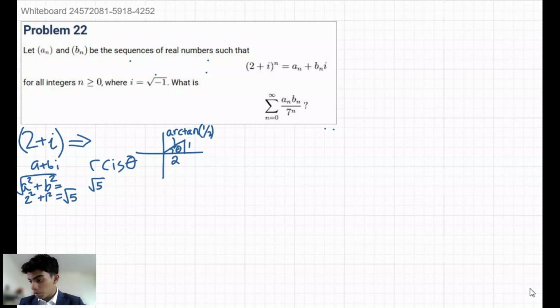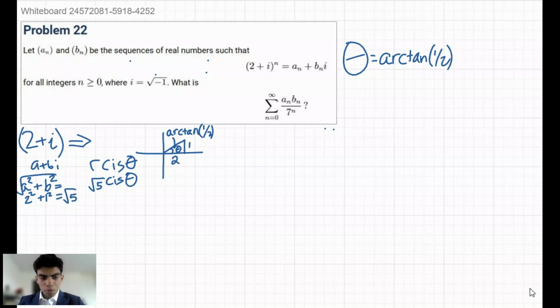Okay, so that means that I'll write the complex number as square root of 5 times cis of theta, and I'll denote theta to be the arc tan of 1/2.